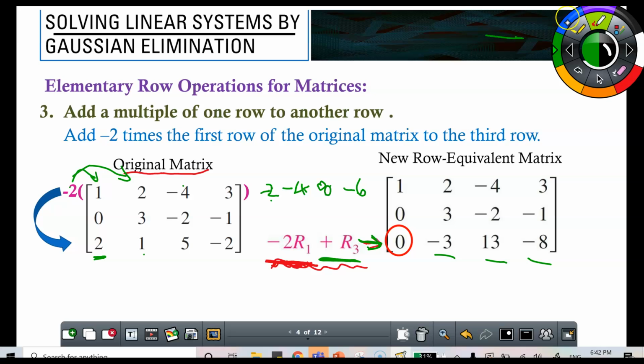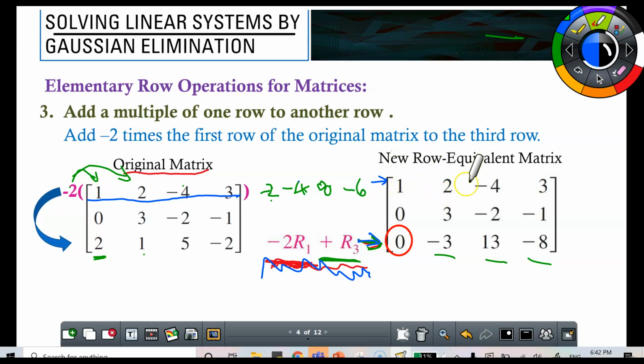Some of you may notice that in the new matrix, the first row has not changed. It's not -2, -4, 8, -6. It's still the old one, right? Why is it that way? Because the manipulation here only says to do the transformation and then change the third row. It didn't say to change the first row.